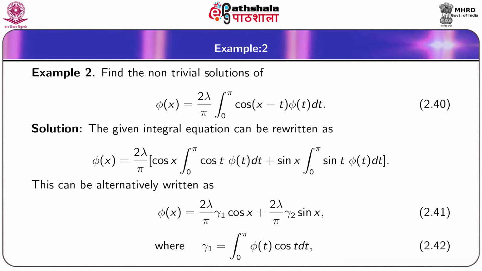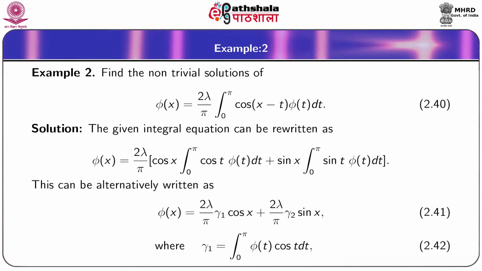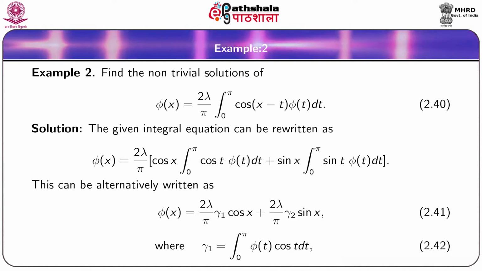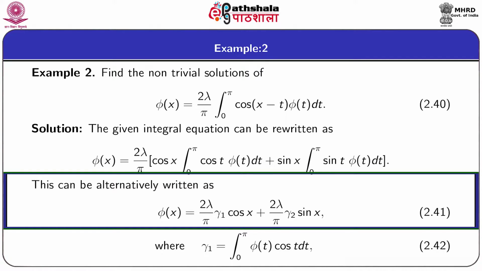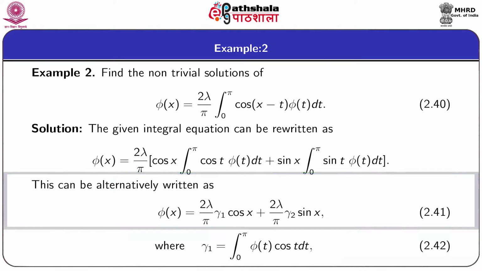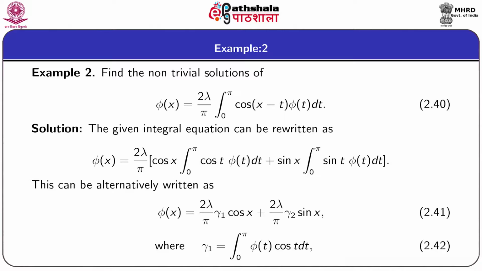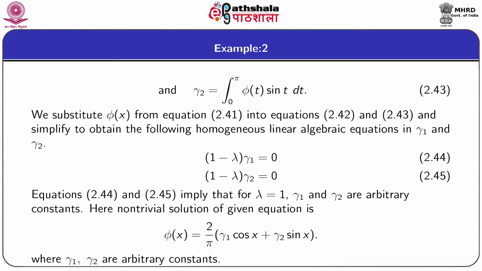Now, considering this function as gamma 1, that is, it is a constant, and this integral as another constant gamma 2, we can alternately write this expression in the form given by equation 2.41, where gamma 1 is given by equation 2.42 and gamma 2 is given by equation 2.43.